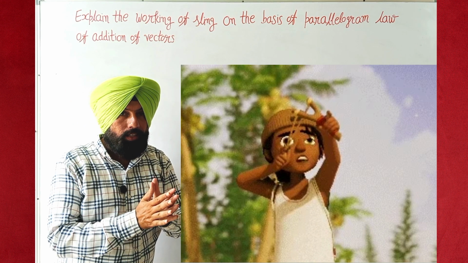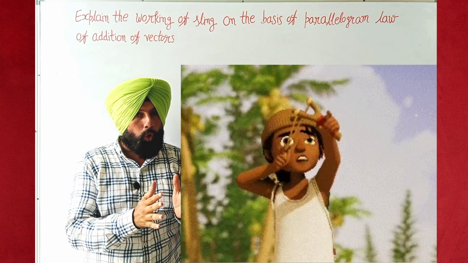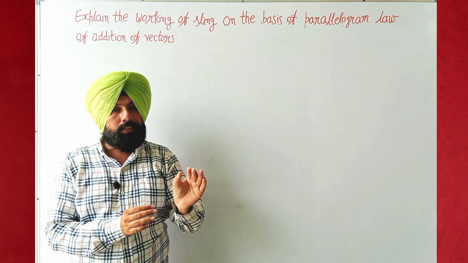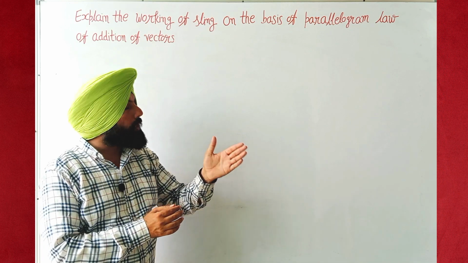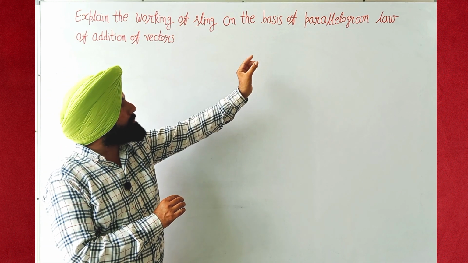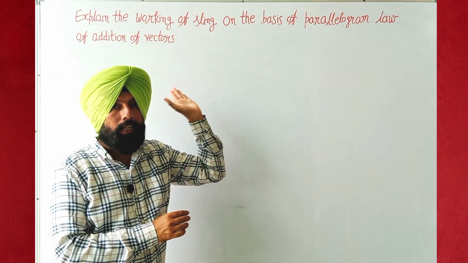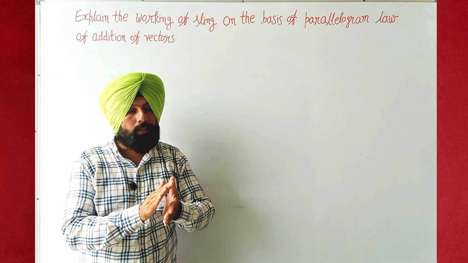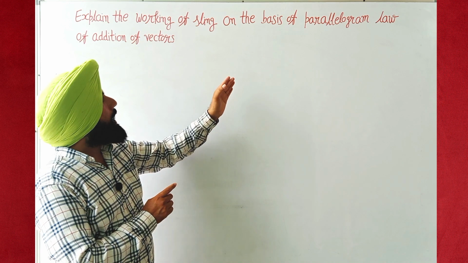In this question we will know how a sling works, meaning what law is applicable to it. That law is the parallelogram law of vector addition, meaning the sling works on the basis of the parallelogram law of vector addition.